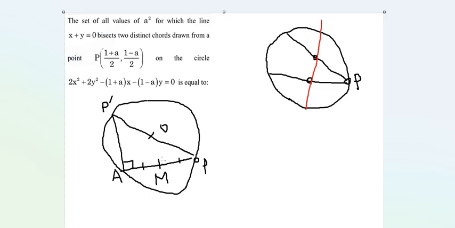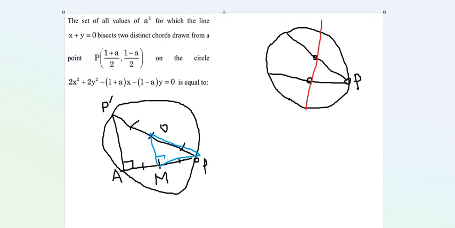Because M is the midpoint, and P dash O equals OP by definition of the radius, this triangle here is a dilation of the original triangle P dash AP by a scale factor of 1/2.